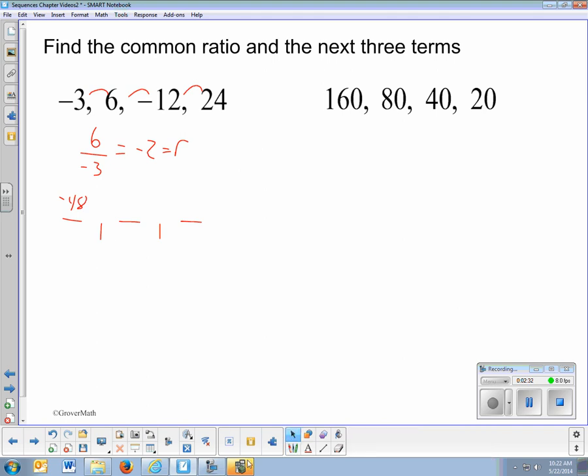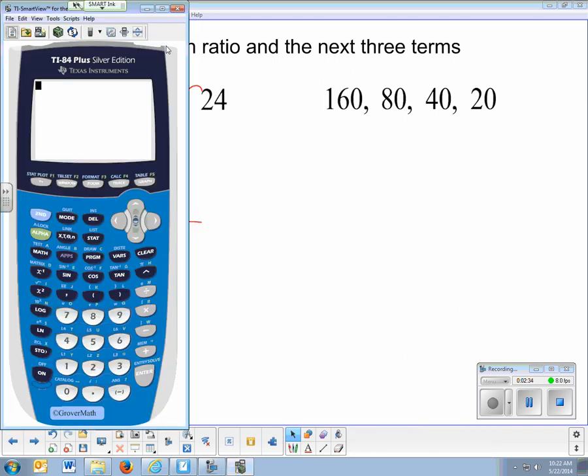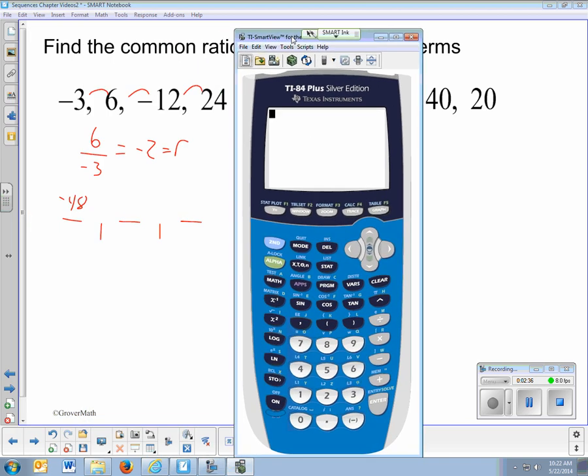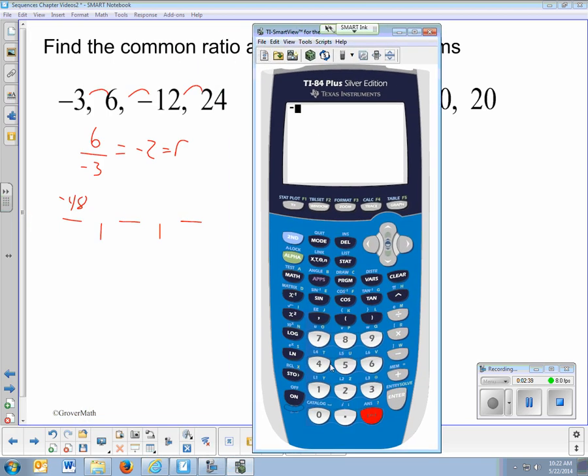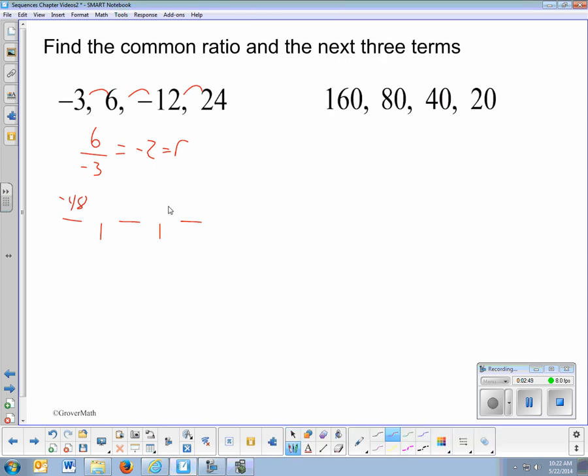Again, if you have your calculator handy, it's useful for all this. Like this next one, negative 48 times negative 2. The sign there is very important, and so we have a positive 96. When r is negative, when we're multiplying by a negative number, every other term is going to change signs.